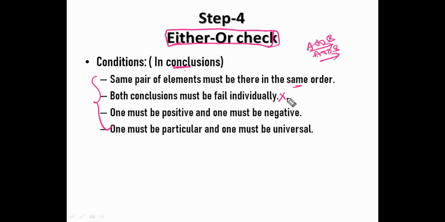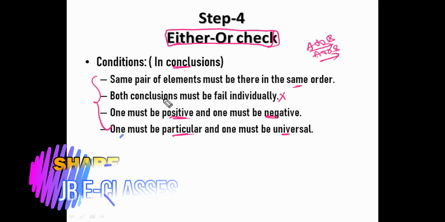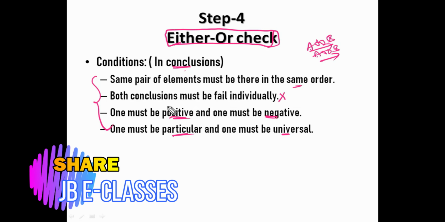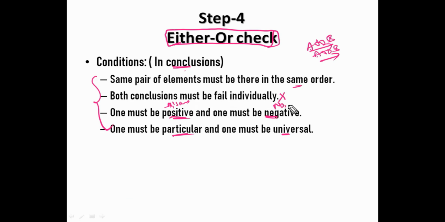Of those two conclusions, one must be positive and one must be negative, and one must be particular and one must be universal. Positive conclusions are all and some. Negative conclusions are no and some not.